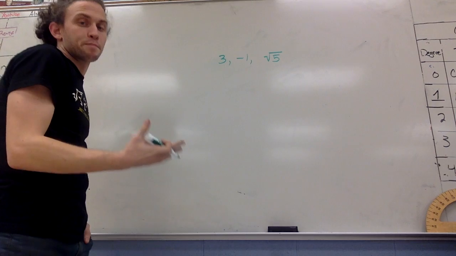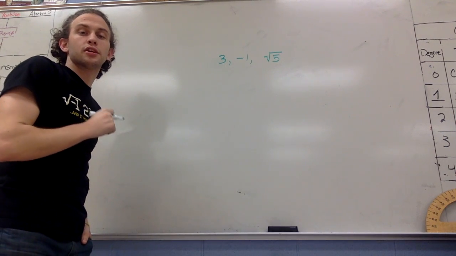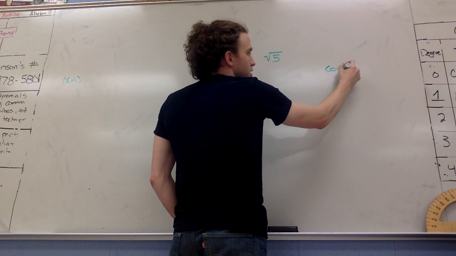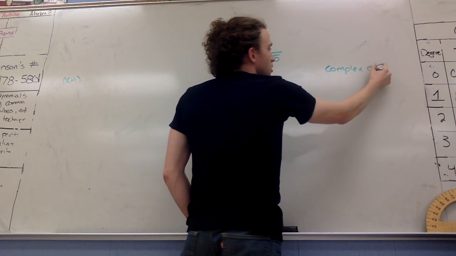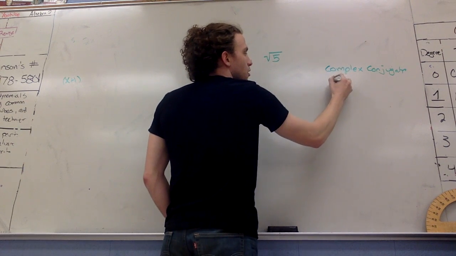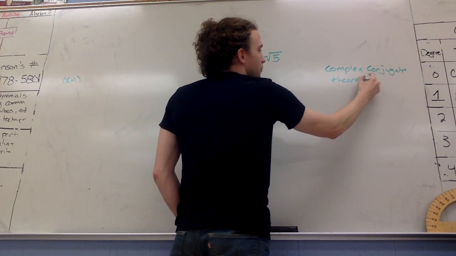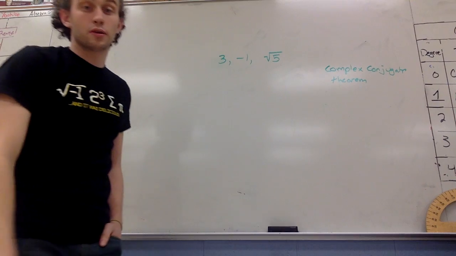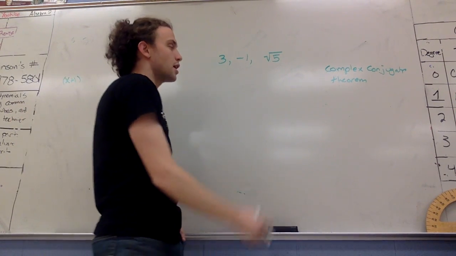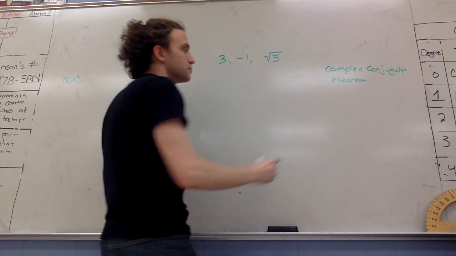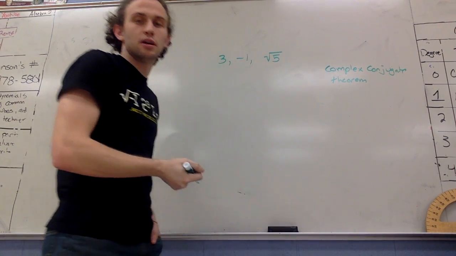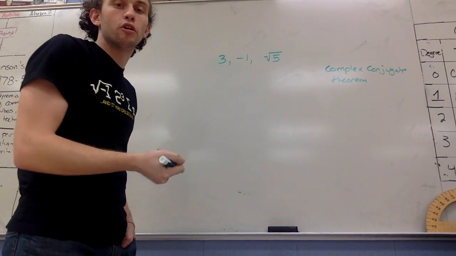Okay. There's something called the complex conjugate theorem. Well, the complex conjugate theorem states if you have a complex number as your answer, the opposite of it is also going to be a solution. So if I have, say, a plus bi, or a plus the square root of 5, then a minus bi, or a minus the square root of 5, these are all going to be the same.